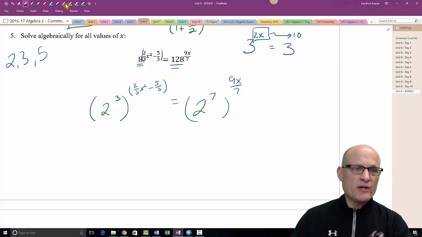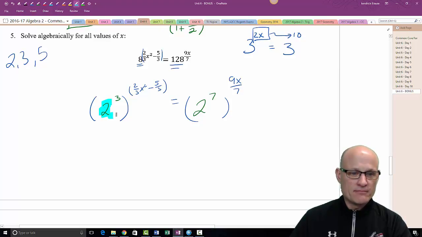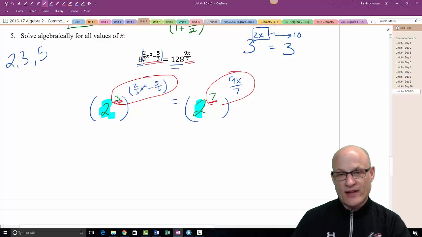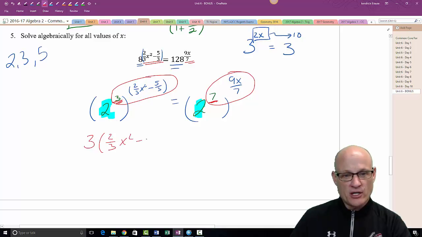Now, once you have these bases the same, all you got to do is set the exponents equal to each other. Now, be careful. You got to bring this with it. Otherwise, you're just going back to the original and setting these equal, and that's useless. So you set that equal. So it's 3 times 2/3 x squared minus 5/3 is equal to 7 times 9x over 7.